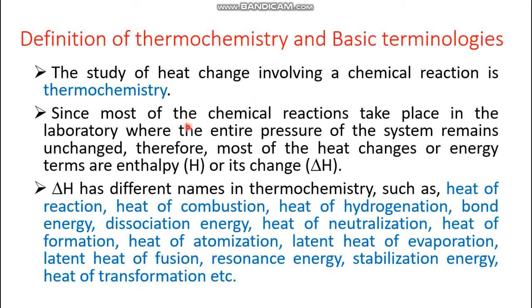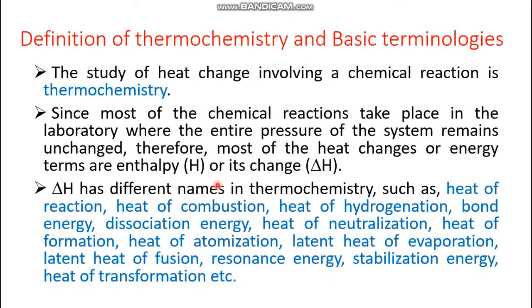Now, most of the chemical reactions you are performing in the laboratory take place at constant pressure, because the atmospheric pressure doesn't change. So, as per the deductions from the mathematical form of the first law of thermodynamics, you have come to know that QP is nothing but delta H. So all the heat changes involved in chemical reactions are enthalpy change.